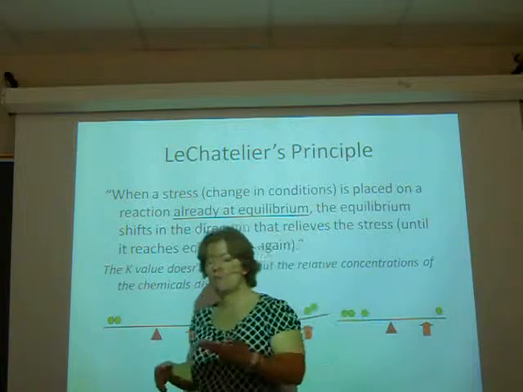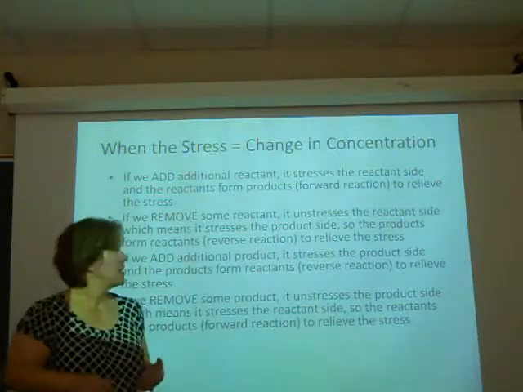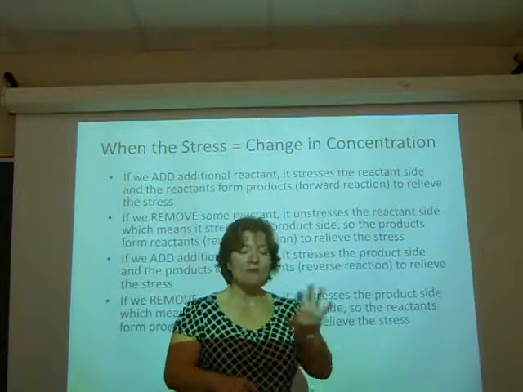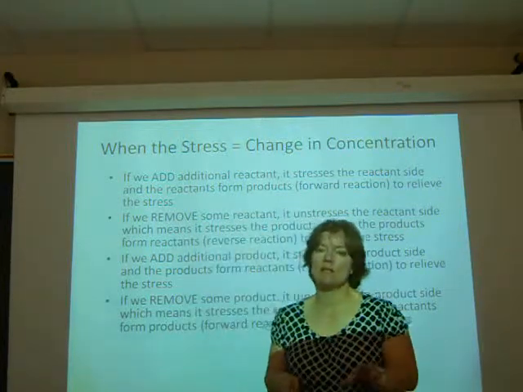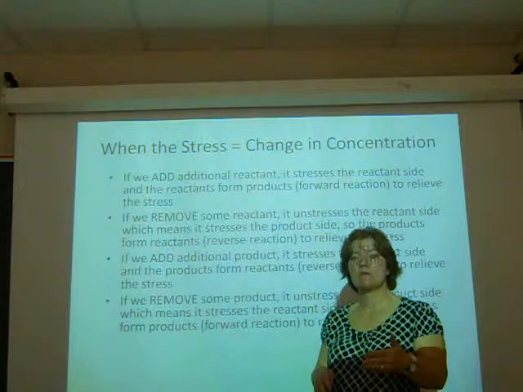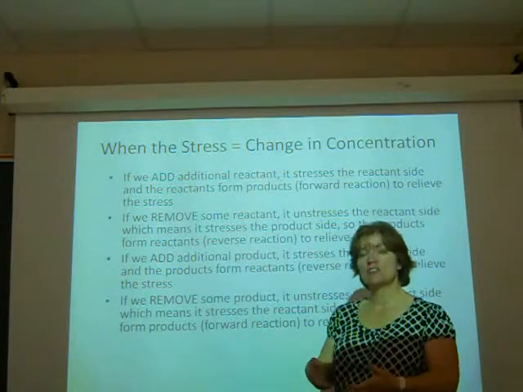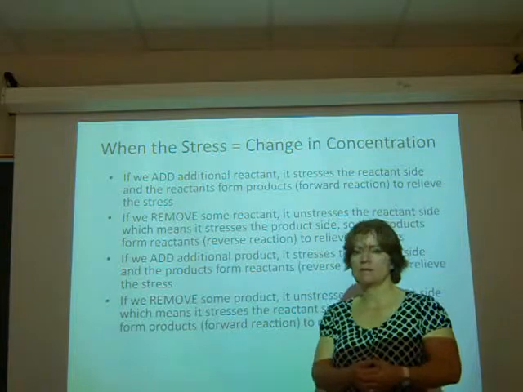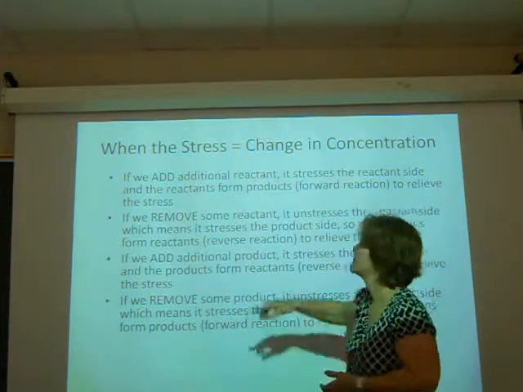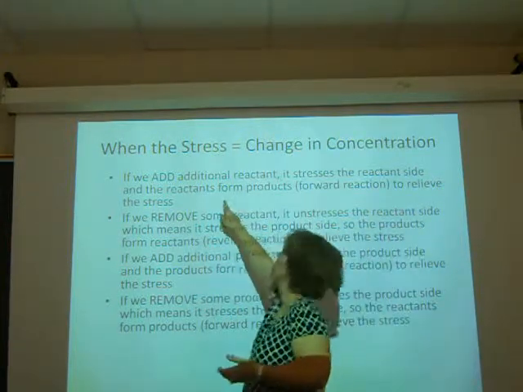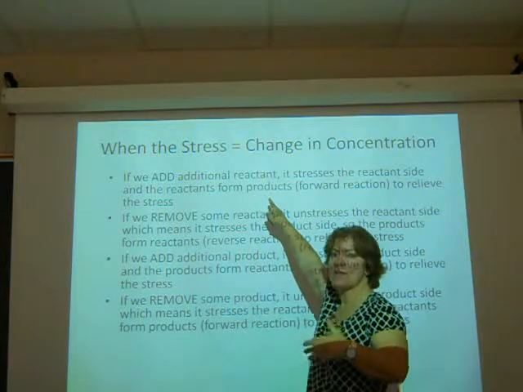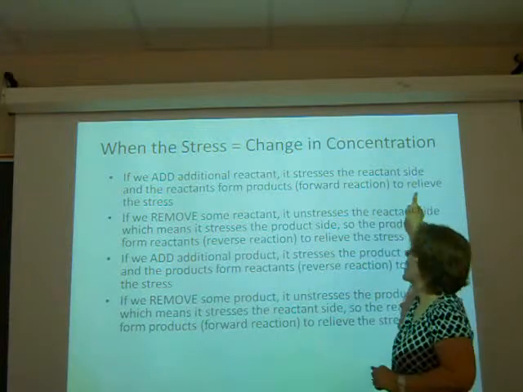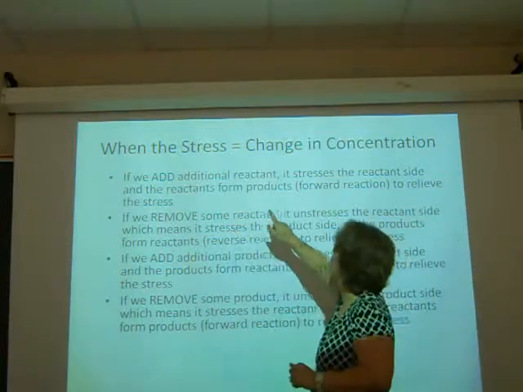Let me show you how we would figure this out. I've written it down for you. There are 4 possibilities. There are lots of ways I can stress a reaction at equilibrium, but the only ones I need you to be concerned about are what would happen if I change the concentration of one of the reactants or one of the products. If I add additional reactant, or increase the concentration of the reactants, the reactants are the stress and the reactants will form products.